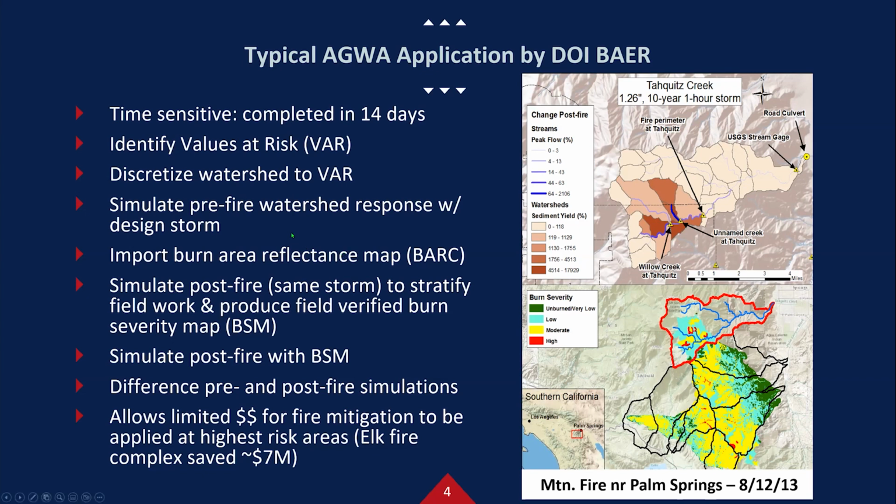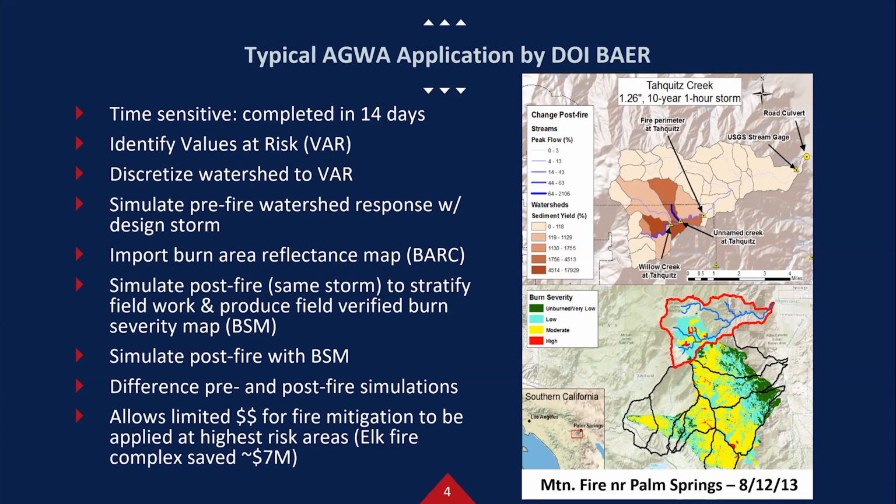And if they've talked to the local managers, they can identify the values at risk, and they have everything they need for a pre-fire watershed response with a design storm. So again, use the available National Land Cover data, DEM, and the soils to run your pre-fire case.